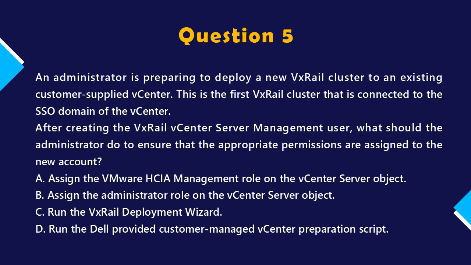A. Assign the VMware HCIA management role on the vCenter server object. B. Assign the administrator role on the vCenter server object. C. Run the VxRail deployment wizard. D. Run the Dell-provided customer-managed vCenter preparation script.